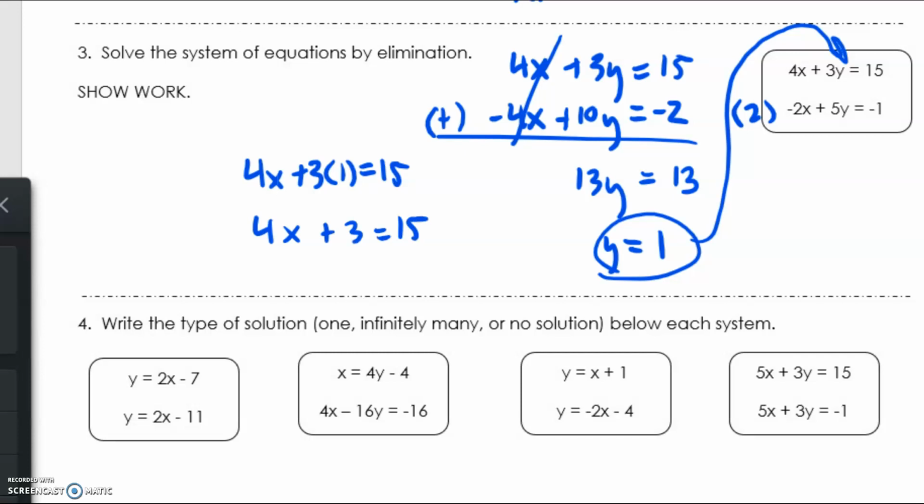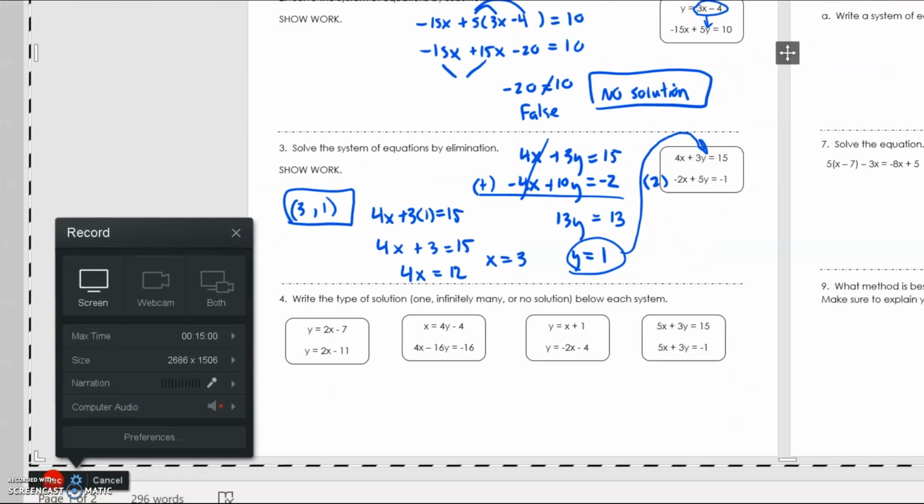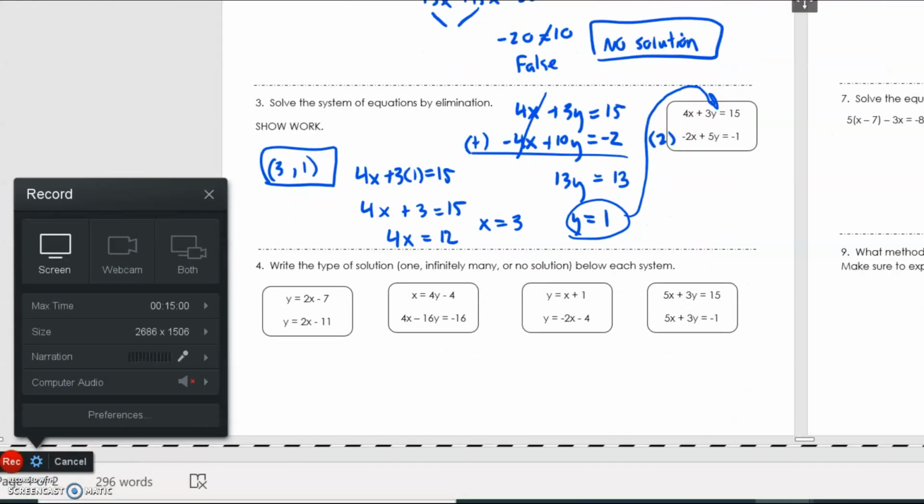Subtract 3 from both sides. 4x equals 12. Divide by 4. x equals 3. So the answer to this system, and make sure that you finish it up like this, you put (3, 1). You need to write your answer as an ordered pair. That's the last step. Don't forget that part.